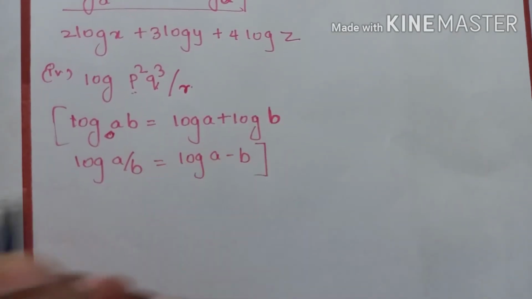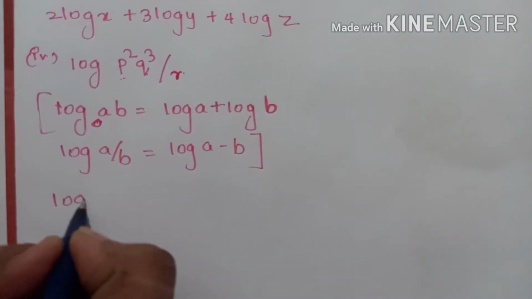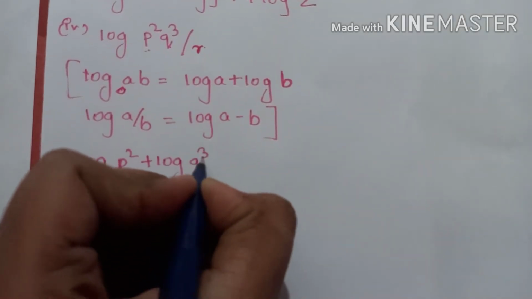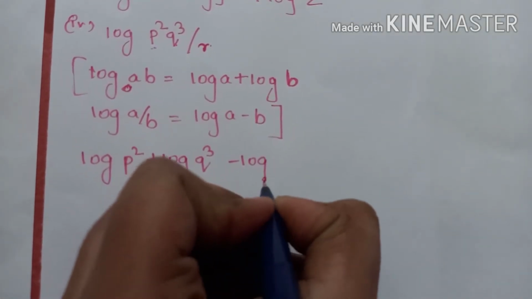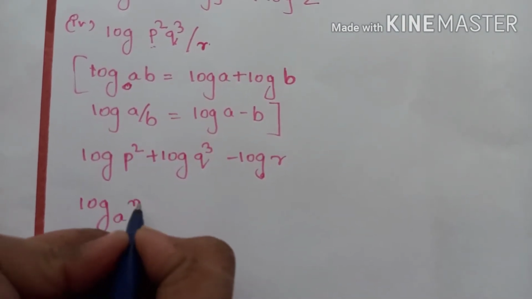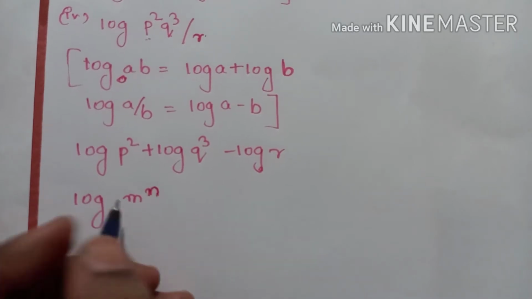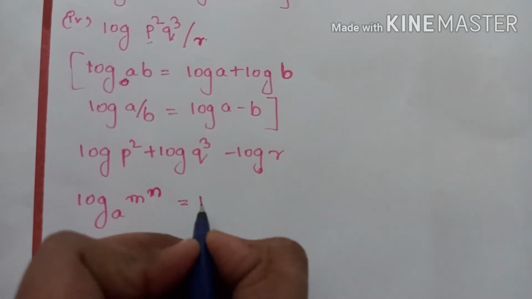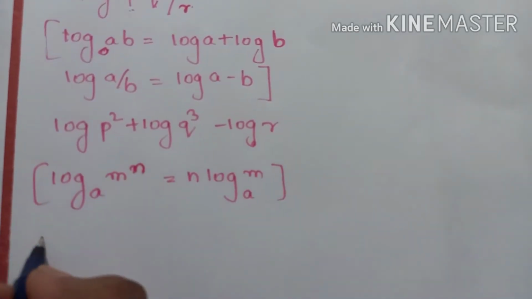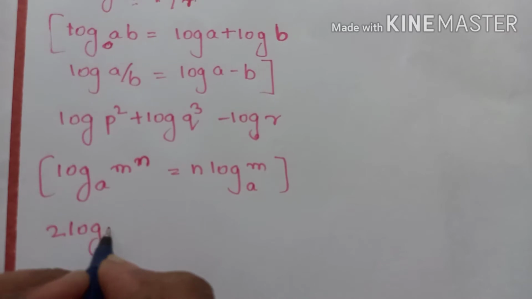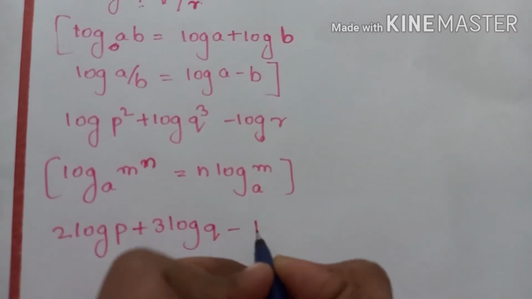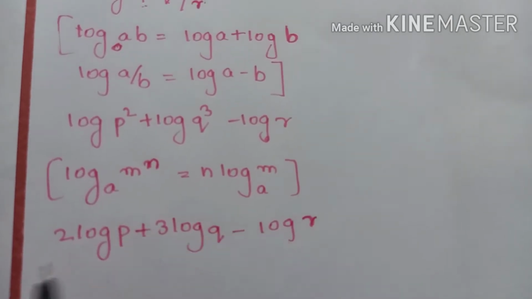So by using both these properties, this will split up as log p square plus log q cube minus log r. And by using the other property, which is very familiar, log m power n to the base a can be written as n log m to the base a. So by using the property, it becomes 2 log p plus 3 log q minus log r. And this is the fourth question.